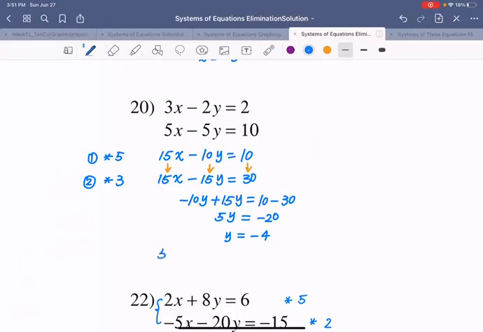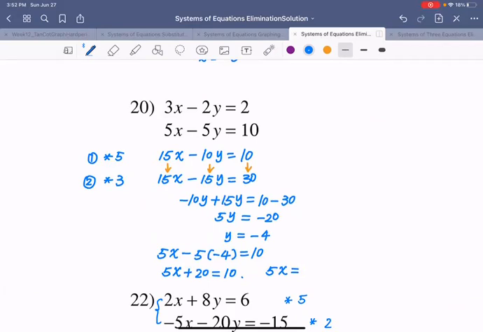So we do 5x minus 5 times negative 4, right? Yeah. Okay. 5x plus how much? 20 equals? 5x equals 30.